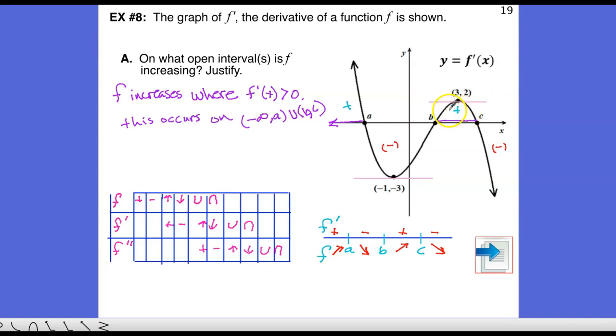And so that means that the slope is equal to 0, and that's the slope for f prime, which means that's the derivative of f prime, which means that's f double prime. So f double prime equals 0 at each of these points, so therefore they must be inflection points. Let's make the argument.